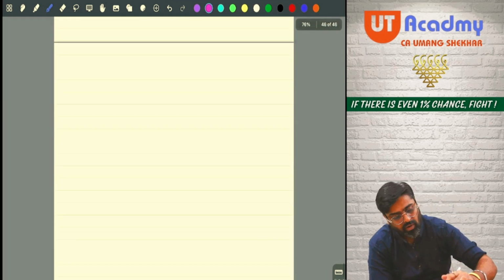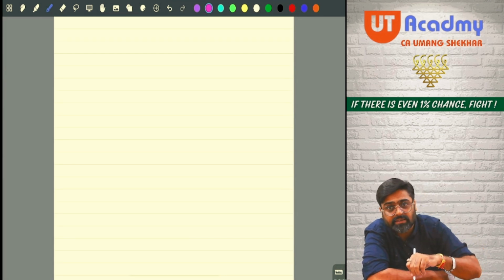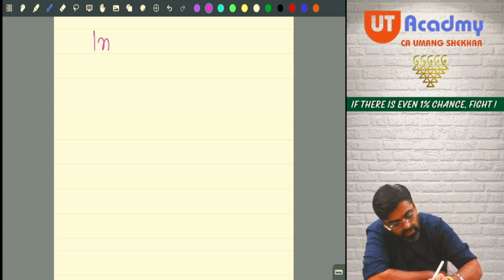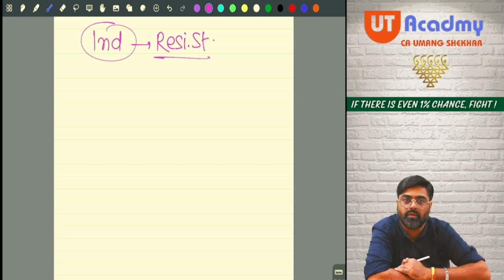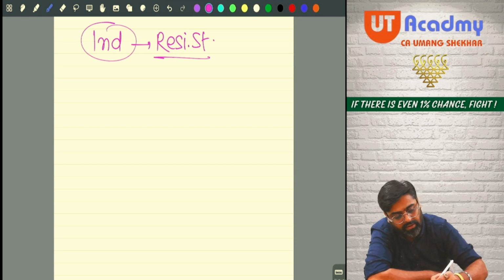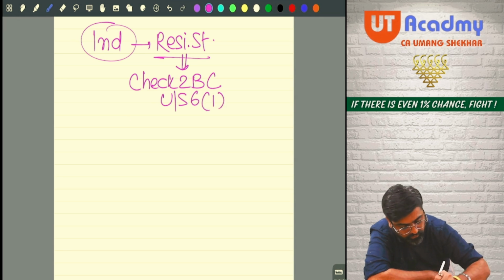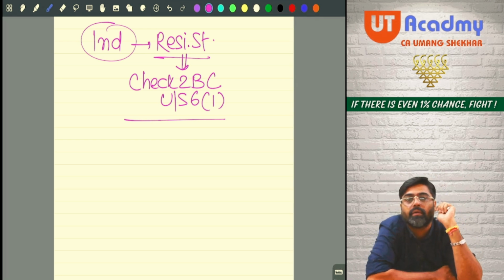Okay. So first of all, I will try to determine the residential status of an individual. So how to determine the residential status of this individual? To determine the residential status of an individual, I will have to go and check two basic conditions which are given under 6.1.